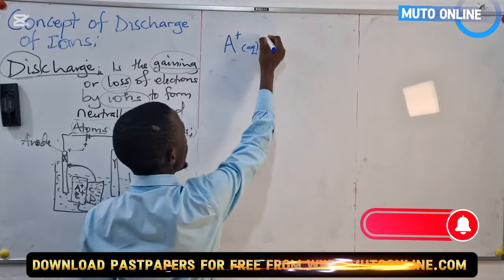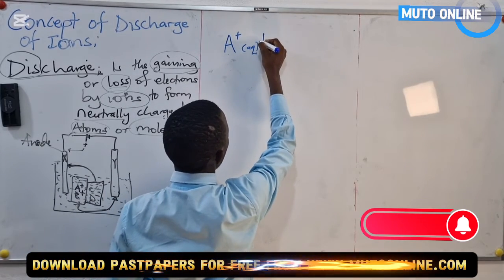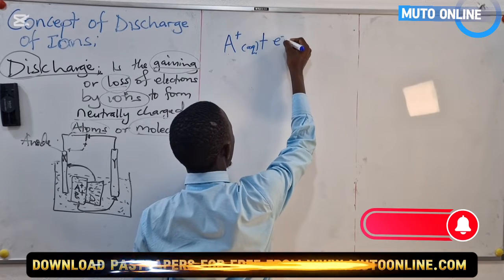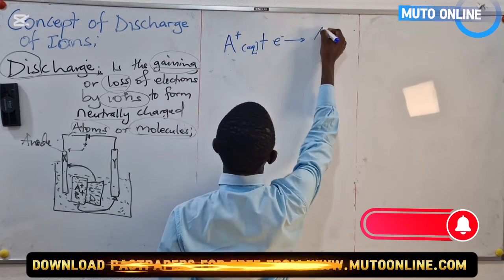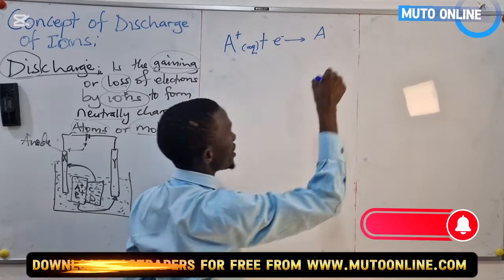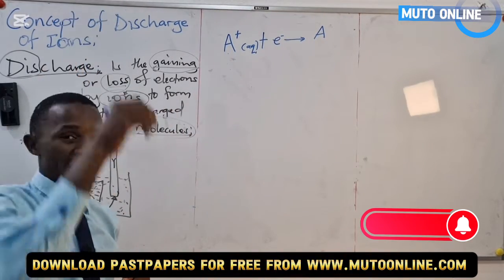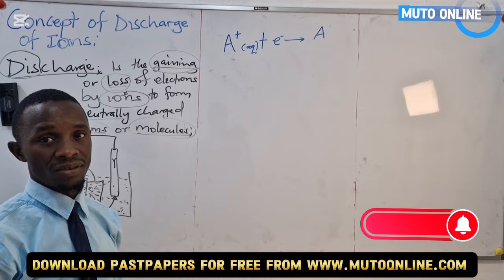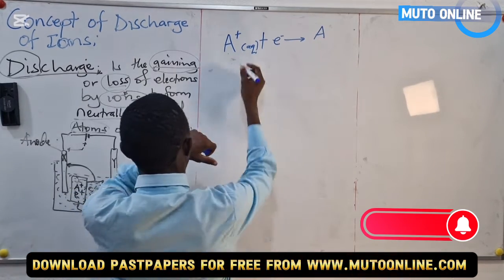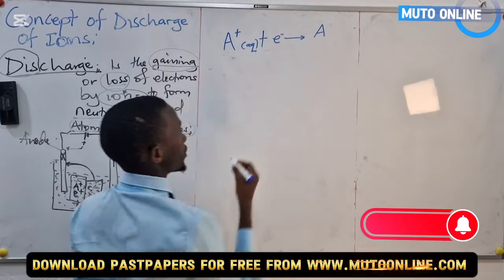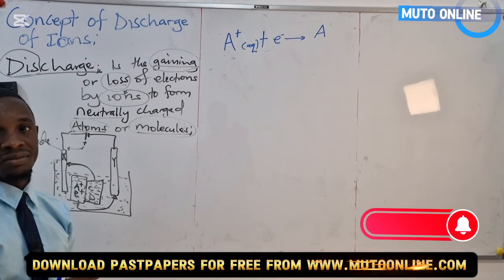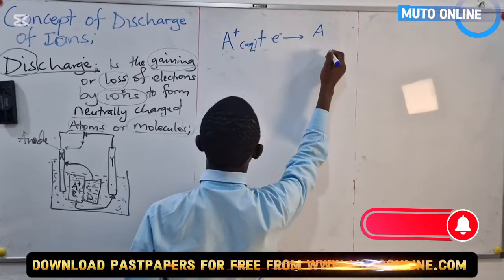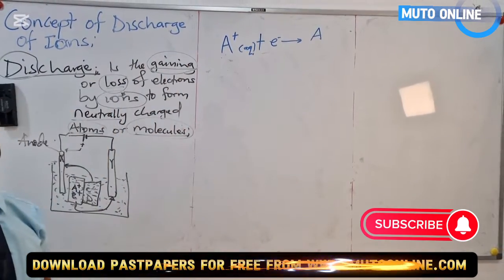So for it to reform the respective atom, it must regain the lost electrons such that it can become the other atom of the other element. Simply, this is also known as reduction. So the positively charged ions will be reduced to their respective atoms or molecules.